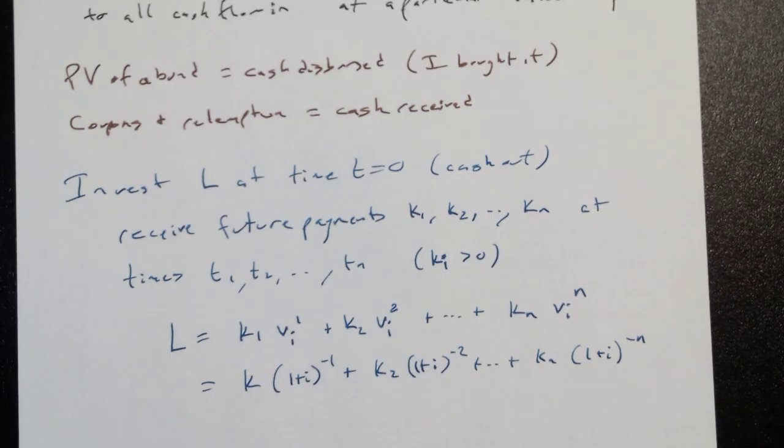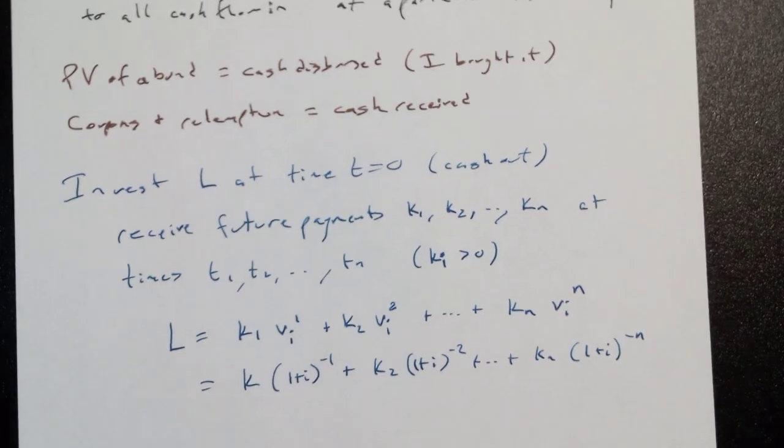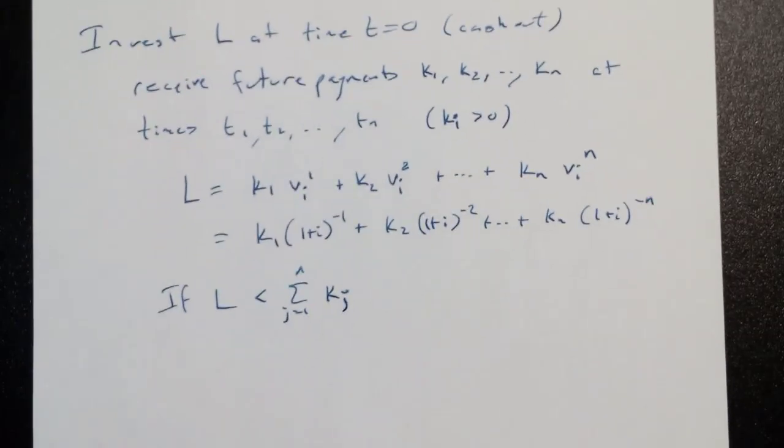We might actually find more than one solution for this i, but if L is less than the sum of the Kj, j equals 1 to n, then this does have a unique positive solution.